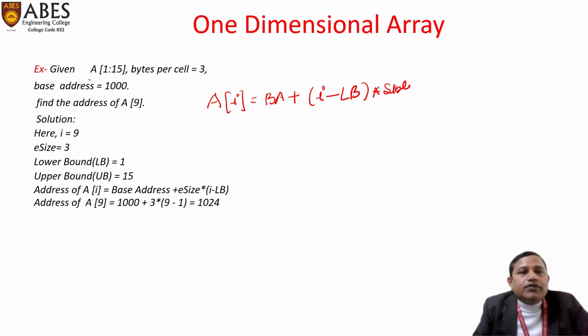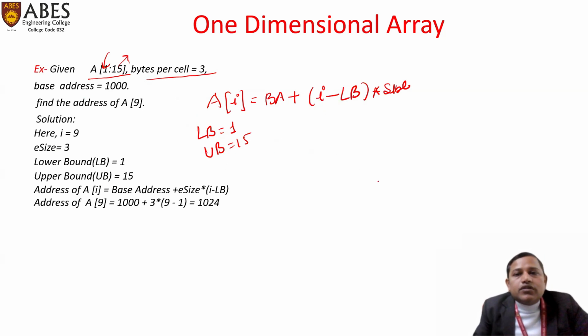Here, if you are given an array A[1..15], what is the meaning of this? Here lower bound is 1, upper bound is 15, and bytes per cell is equal to 3, meaning the size of one cell of memory is 3 bytes.